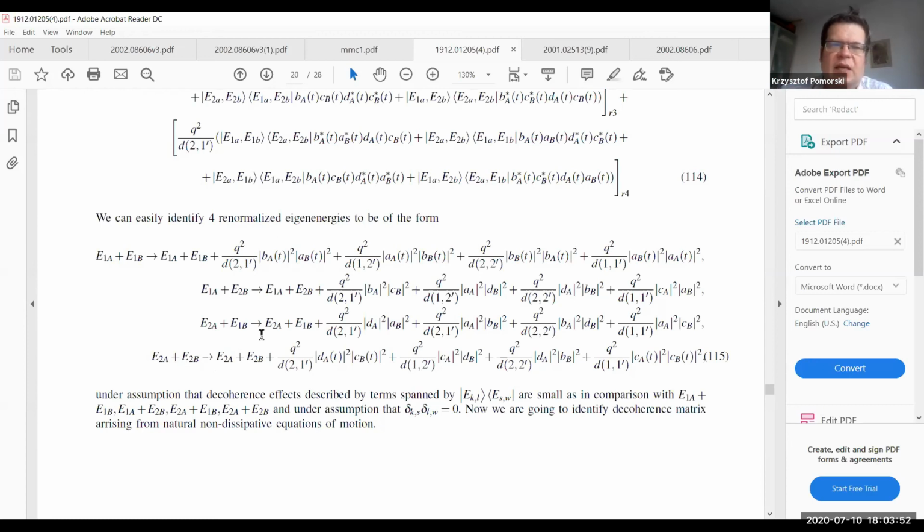And this combination is going to be modified by the presence of this electrostatic interaction, and it's all expressed by the A, B, C, D coefficients.